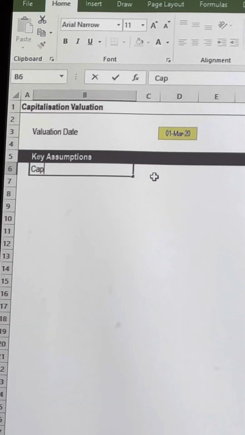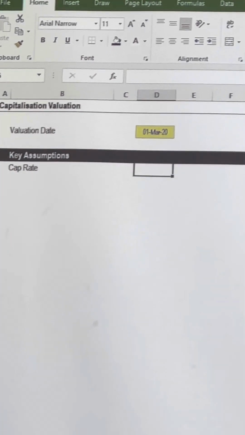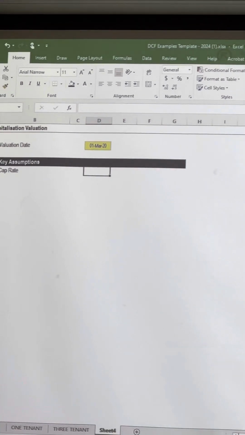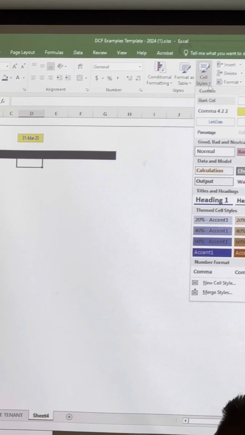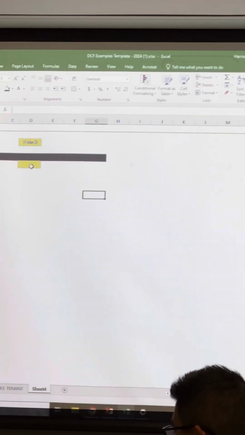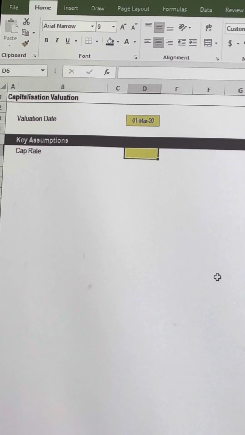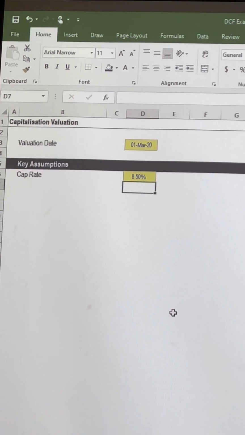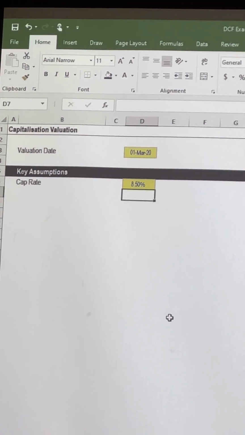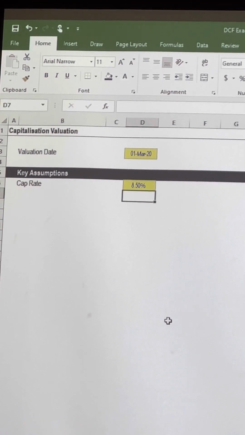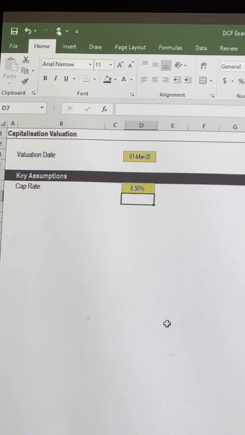Cap rate. And what's the cap rate? 8.5%. What else will we need?